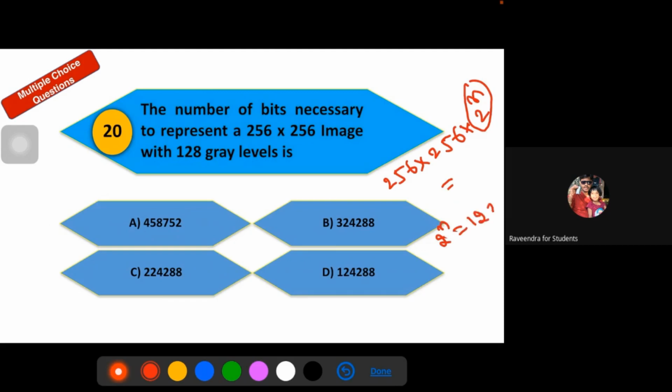Therefore n is 7. So we have to calculate 256 into 256 into 7. If you do this, we will get 4,58,752. Same value here. So the correct option is A.